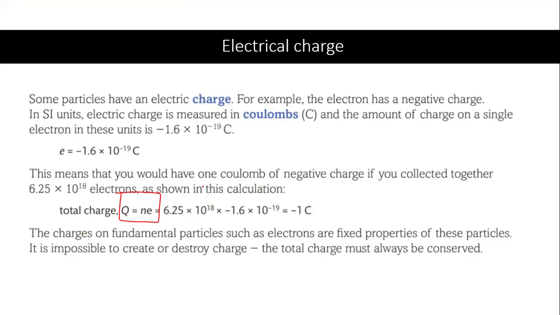In 1 coulomb of charge, we have 6.25 × 10^18 electrons. So these many electrons, when they come together, give you a charge of 1 coulomb. We can figure out the total charge simply by taking the number of electrons and multiplying them by the charge of one electron.